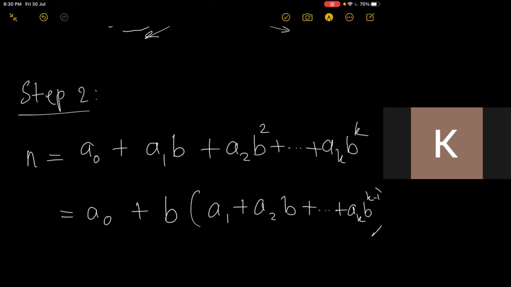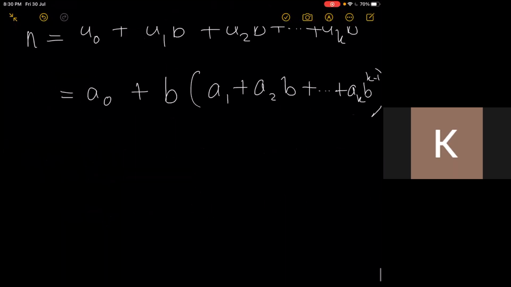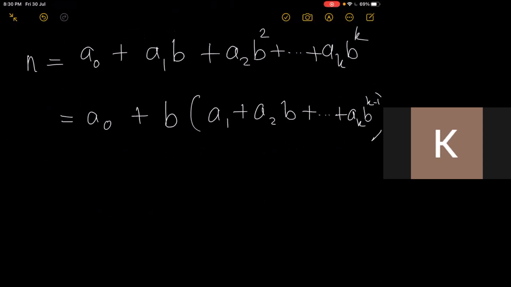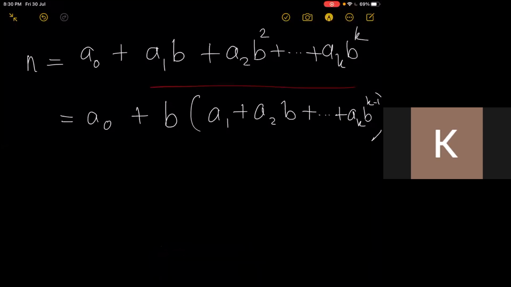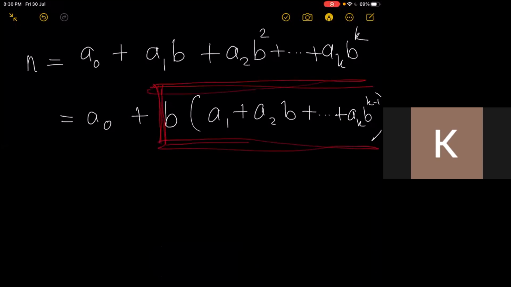I just took b common, right? This is okay? Yes, sir. Okay. So now, if this thing has a unique representation, okay, if just this part has a unique representation, then I can just... not this part actually.